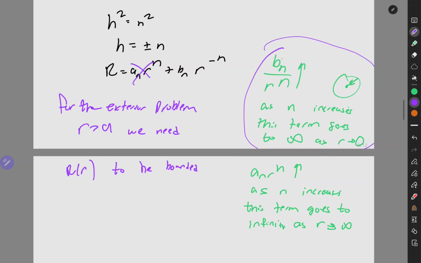If r increases, this is going to go to 0, which is bounded, if that makes sense.